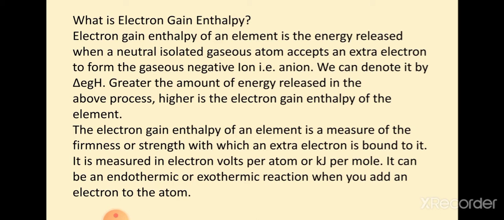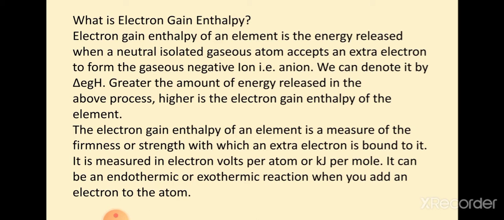If you remember the last topic which we discussed, ionization enthalpy, that is, ionization potential. In ionization potential, we express the energy supplied to the atom to remove successively one, two or more electrons and thereby produce cations.